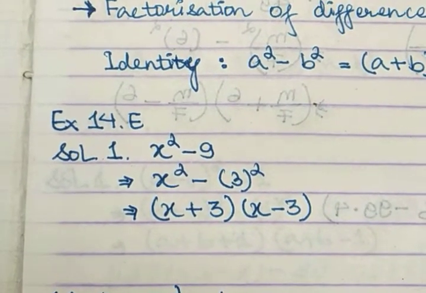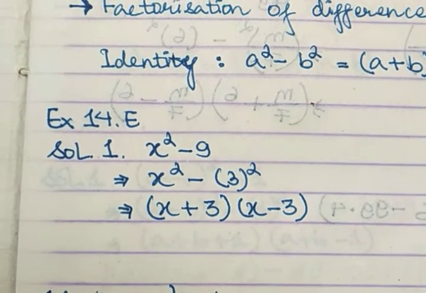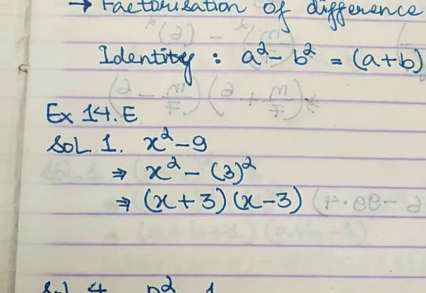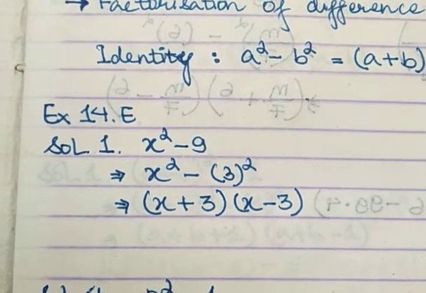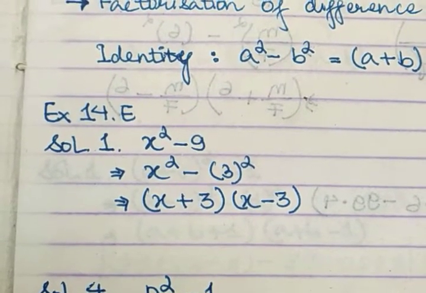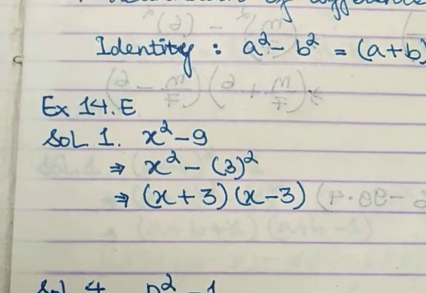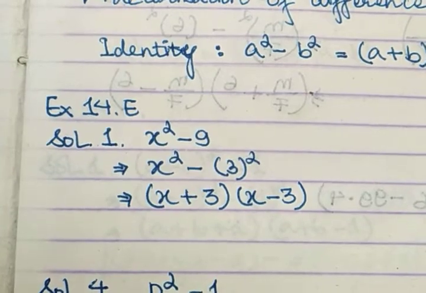For perfect squares, you can revise from the topic squares and square roots, where we did the squares of numbers up to 20. We'll be using that as well.